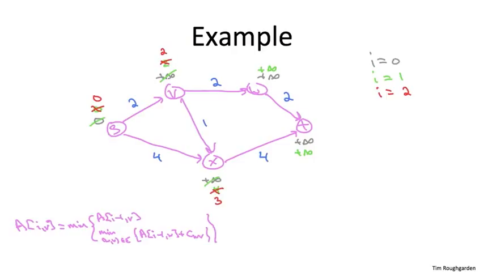So as advertised, the updates to the vertices V and X in the iteration where i equals 1, now that i equals 2, get propagated on to the vertices W and T. So W and T shed their plus infinity values, and instead they pick up the values 4 and 8, respectively. Notice that I've labeled the vertex T with an 8, not with a 7.